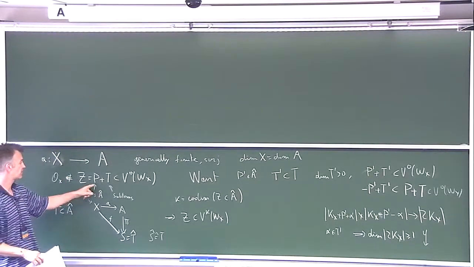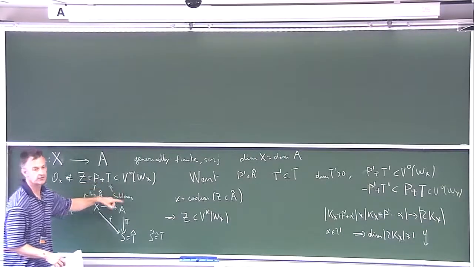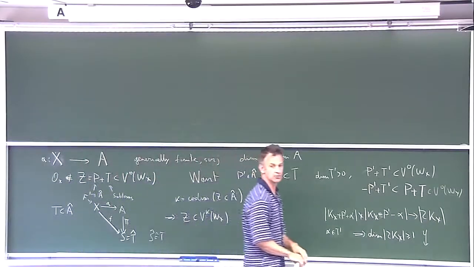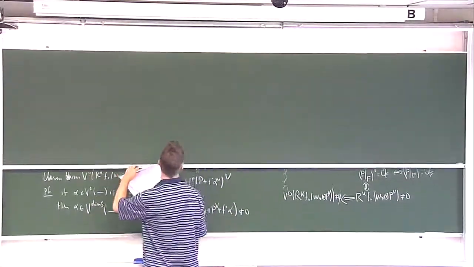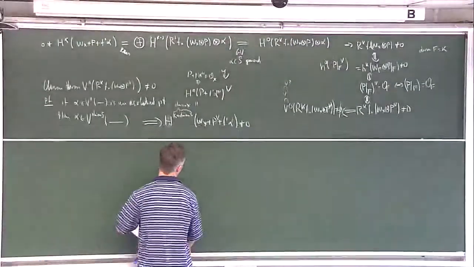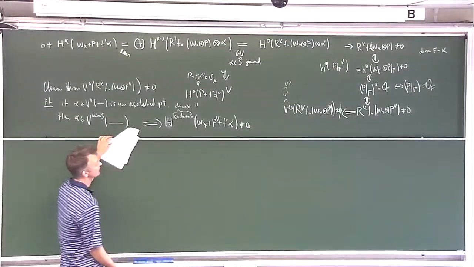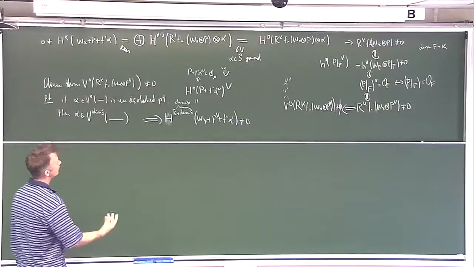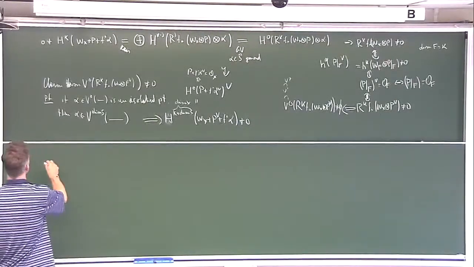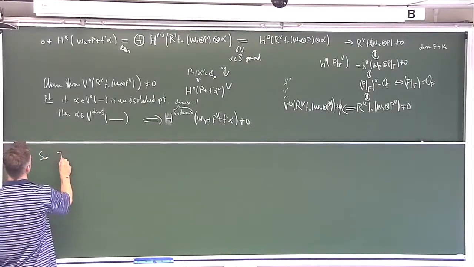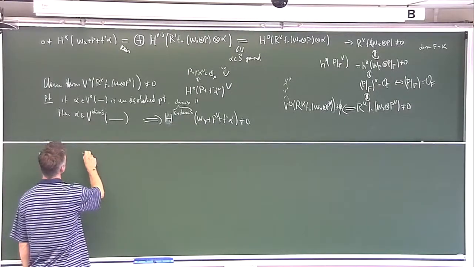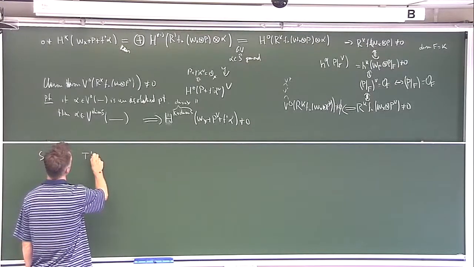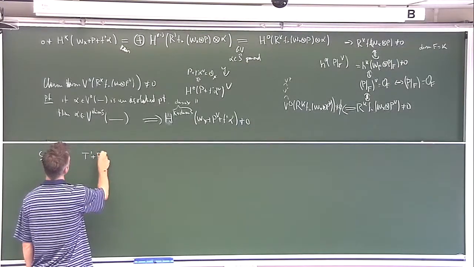So it cannot be of the form P plus some alpha. So that's impossible. Contradiction. Okay, so there exists a component, let's say T prime plus P dual.